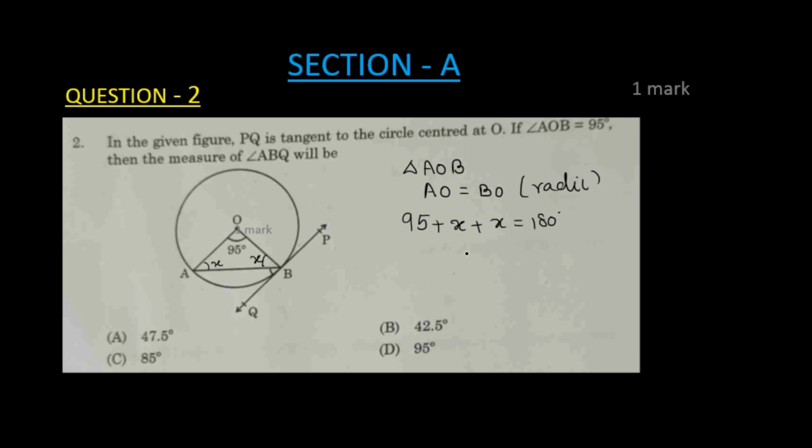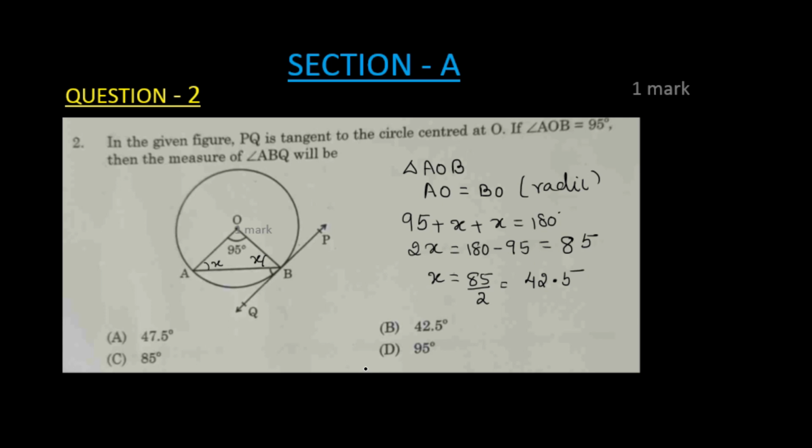This is the angle sum property: the sum of three angles of a triangle adds up to 180 degrees. So from here, I'll get 2x as 180 minus 95, which gives me 85 degrees. So x is equal to 85 divided by 2, which gives you 42.5.